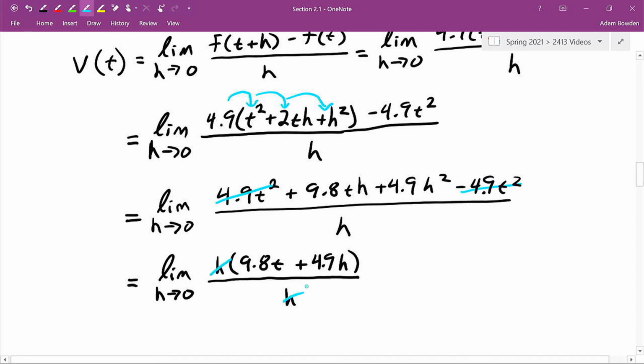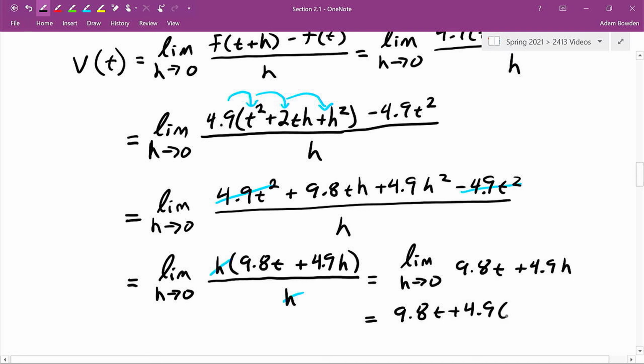So we can cross out the h here, and it will become the limit as h approaches 0 of 9.8t plus 4.9h. Now we can go ahead and plug in 0 for h. We'll get 9.8t plus 4.9 times 0 to just come out with 9.8t.